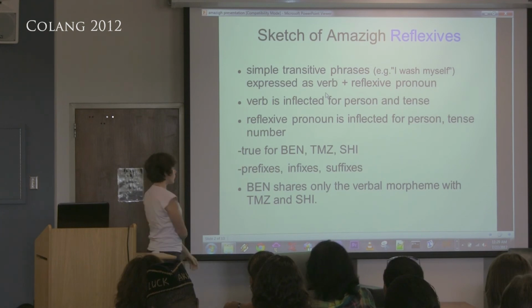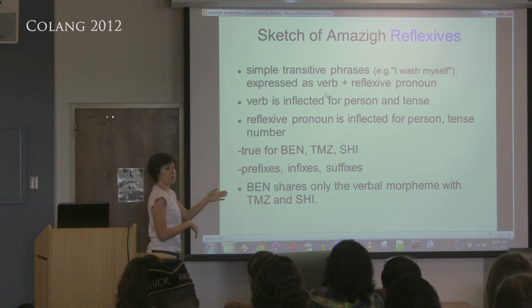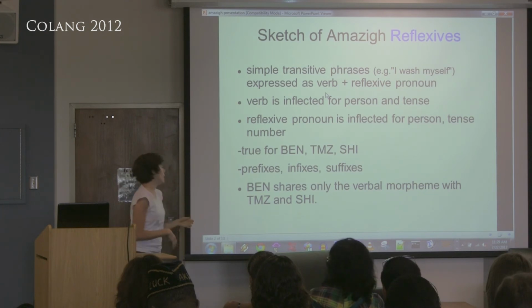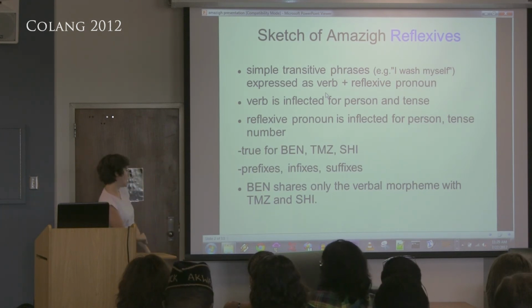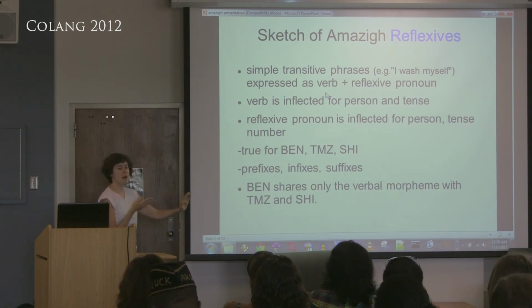So when I say that they're inflected, I'm talking about prefixes, infixes, and suffixes. And Tashmeet and Amazigh are very similar in terms of reflexives, but Yemen's dialects really don't have much in common except the verb root.